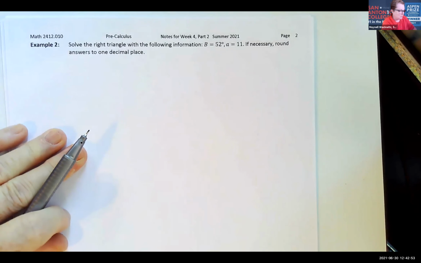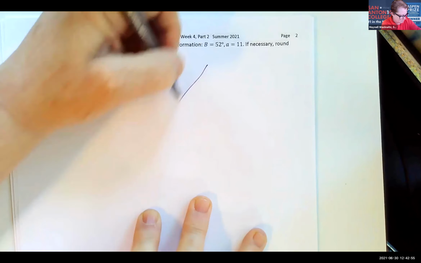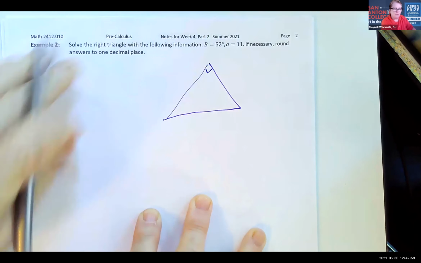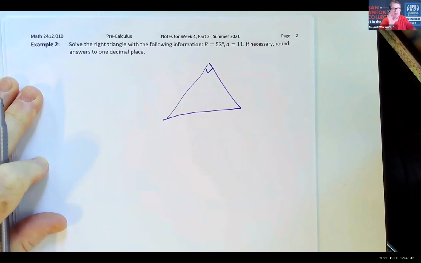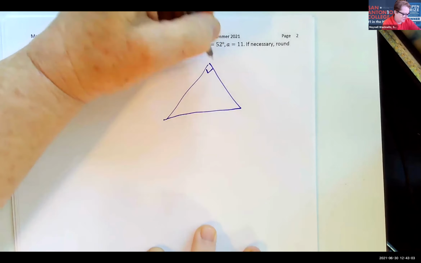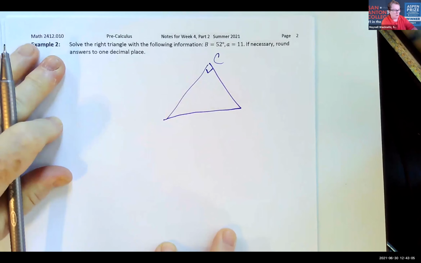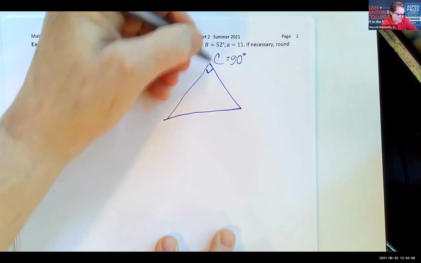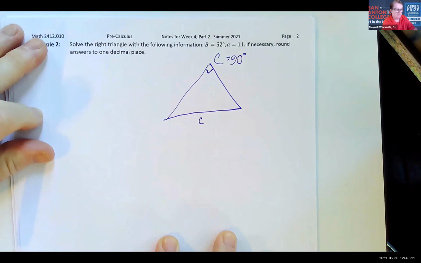So the first step always when you're solving a triangle is to draw it. And I'm trying to draw things so that it's shaking it up a little bit. I'm going to put angle C at the top where angle C is the right angle. That means that little c is opposite the right angle.